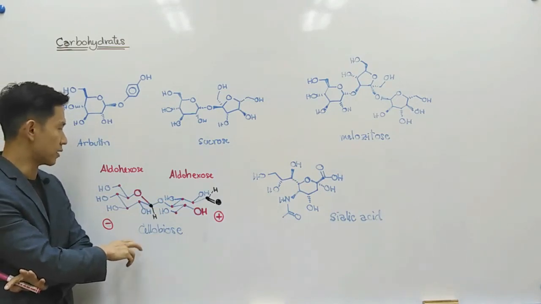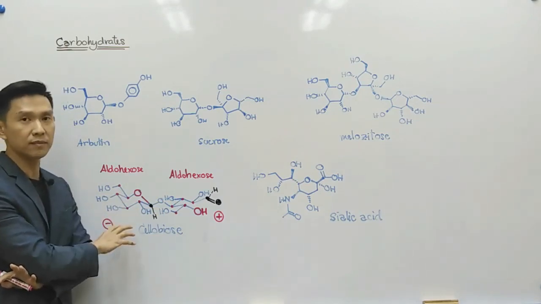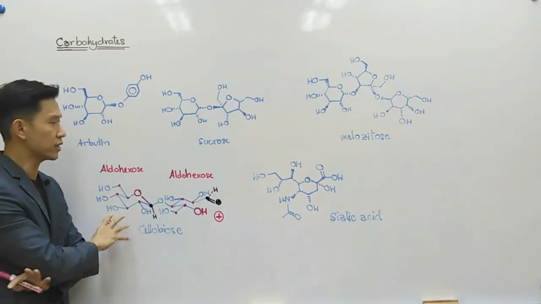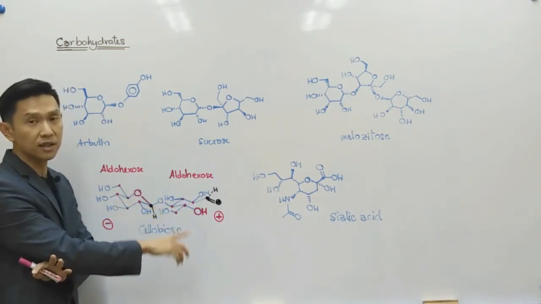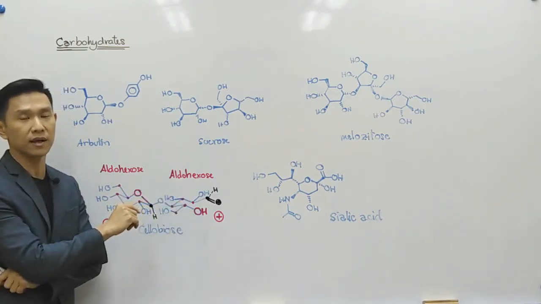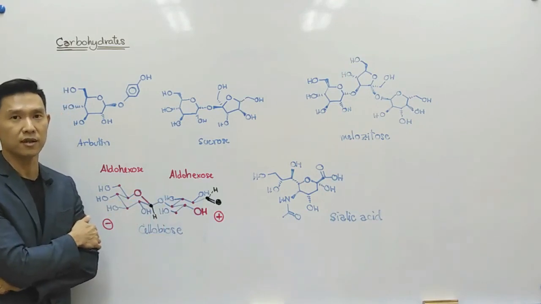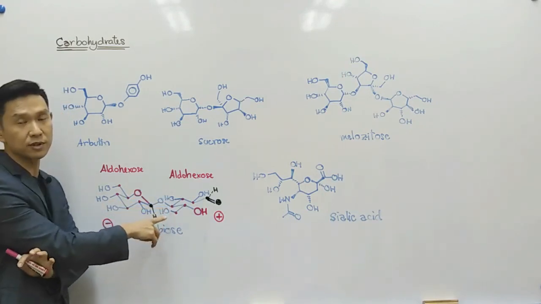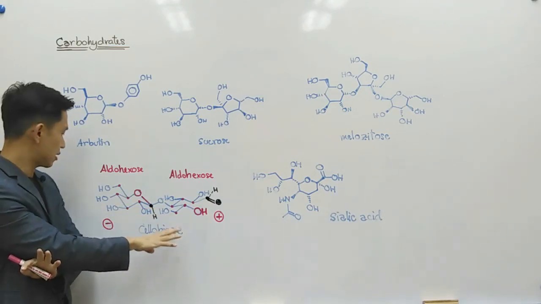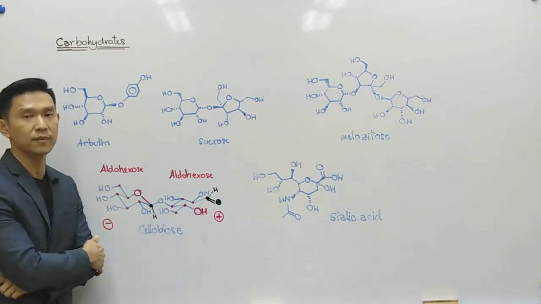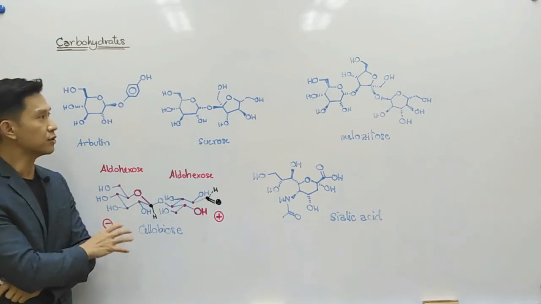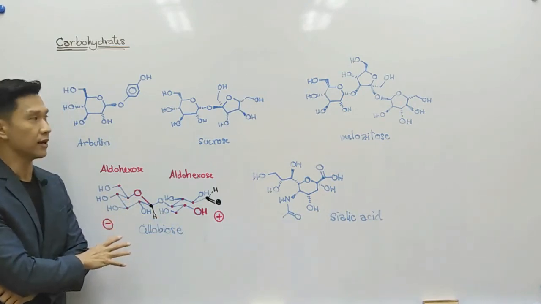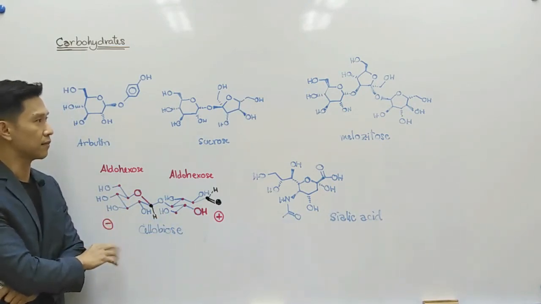And identify whether the ring can be opened or not. If it can be opened out like this, it undergoes oxidation, and it is positive to the Benedict test. But if the ring is closed forever, because the OH is substituted with something else like this, it is negative to the Benedict test. So this is what I want you to do as homework.